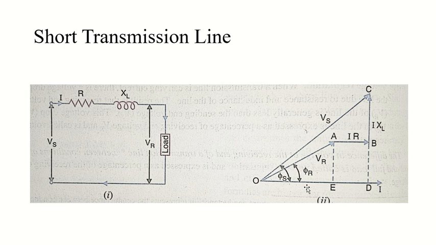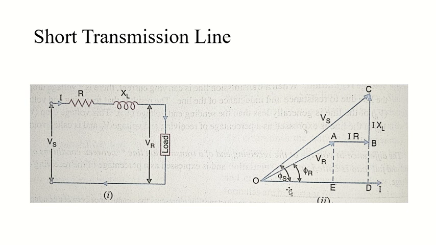Cos phi, right? So cos phi s. We have to find cos phi s. So see this figure and tell me what will be the value of cos phi s, right? The value of cos phi s will be this OD divided by OC, right?